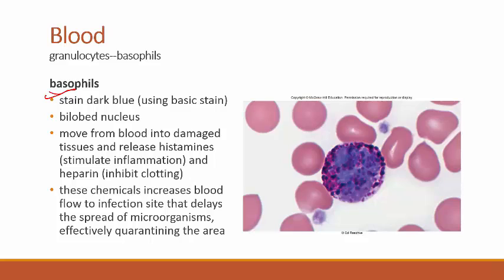So the point of the inflammation that basophils help to stimulate is exactly the same point as the inflammation caused by mast cells as they release histamines and heparin, and they increase the blood flow to an area, and then all that swelling, fluid release will cause swelling in the area, and because of all the pressure of the swelling, that helps to quarantine the area and slow the spread of microorganisms, so that there's opportunity then for, say, neutrophils to move in and take out all of the bacteria that are causing the infection.